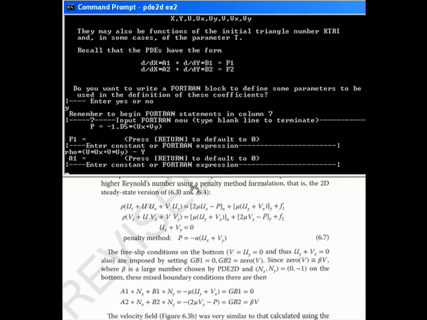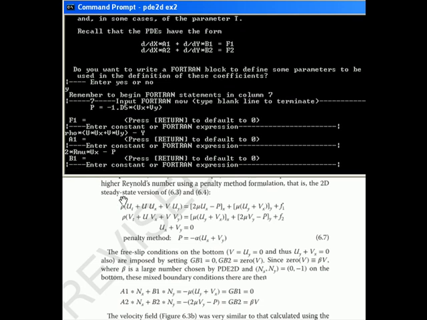And A1 will be this here, 2 mu times ux minus p, which was alpha times ux plus vy. Notice there's no derivatives of p in here. A1 is just that minus p. And B1 is going to be mu times uy plus vx.